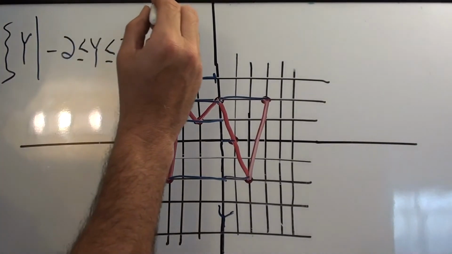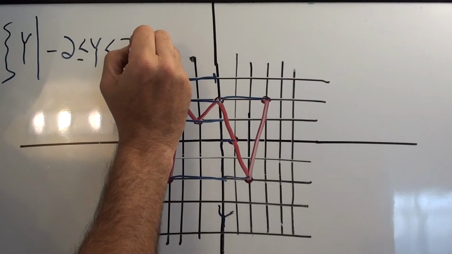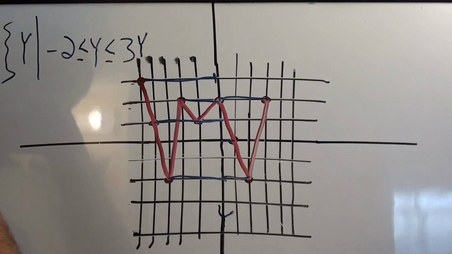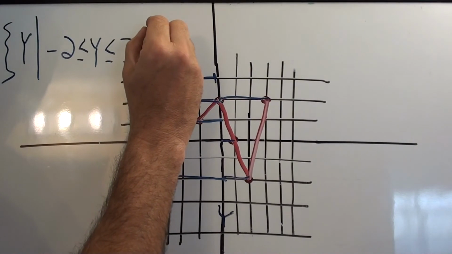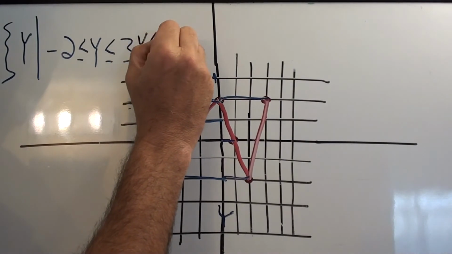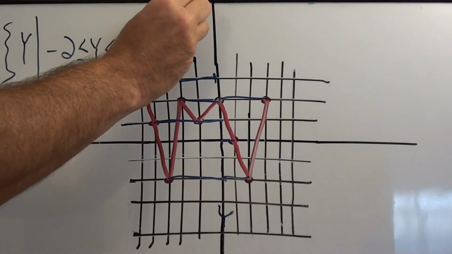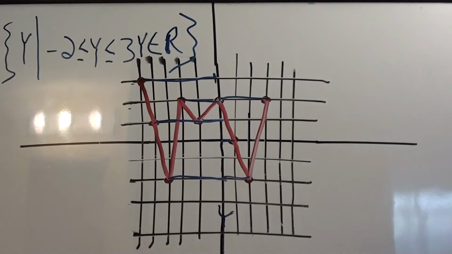And then we'll finish it up as the variable y, and all sets or all values that are real numbers, and then close the bracket. Alright, now we're going to do a lot more of those, so check that out in some other videos.